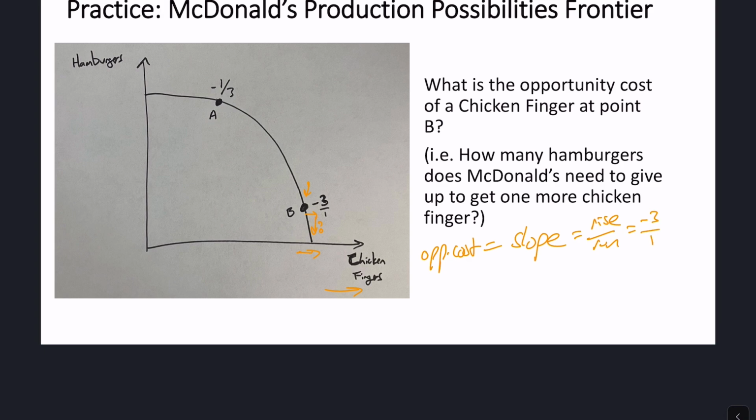And remember, what are the y-axis and the x-axis labels? The rise is the y, right? So this is going to be 3 hamburgers to 1 chicken finger. And so we can read this and say the opportunity cost of a chicken finger is 3 hamburgers. To sell one more chicken finger starting from point B, McDonald's has to give up selling 3 hamburgers.